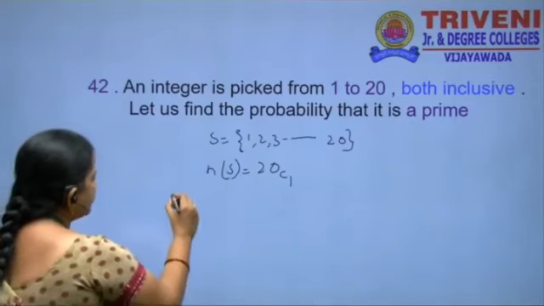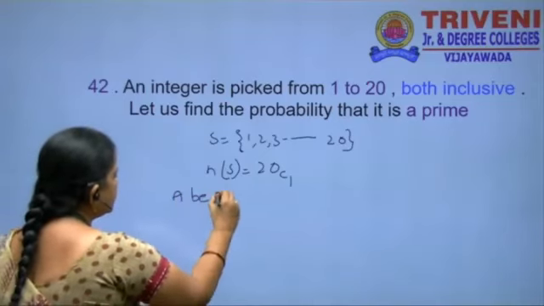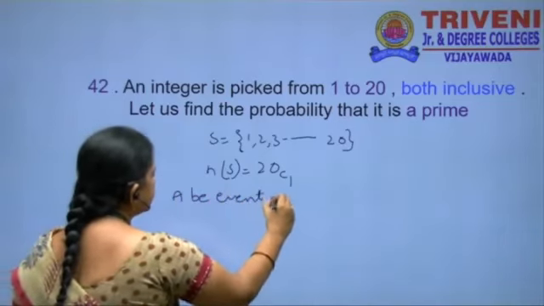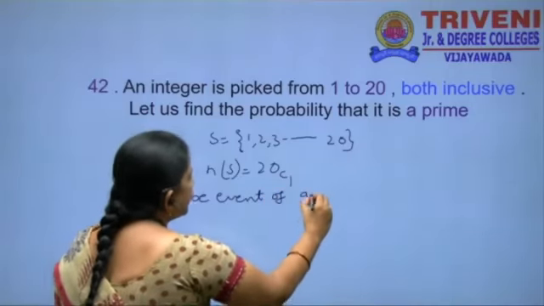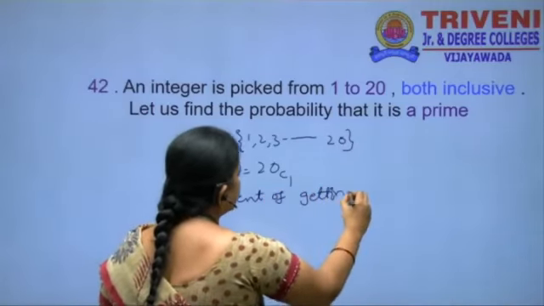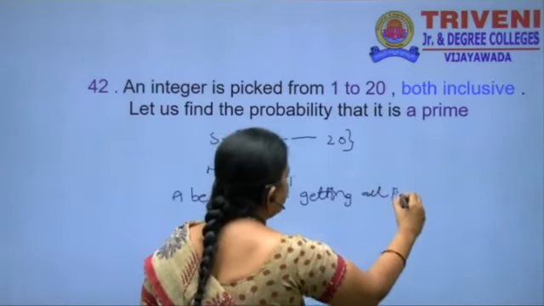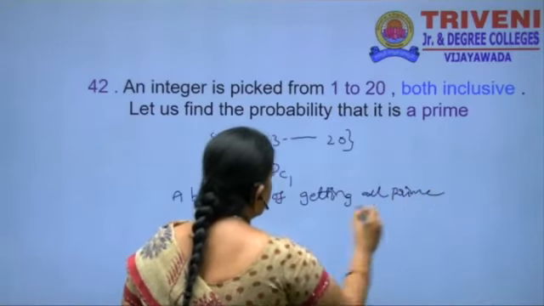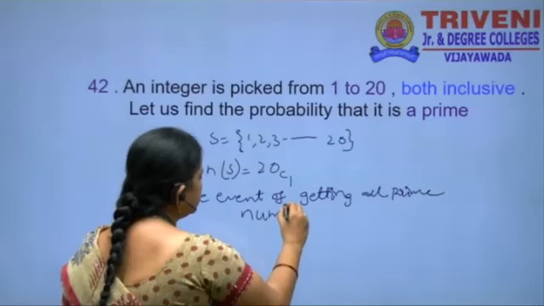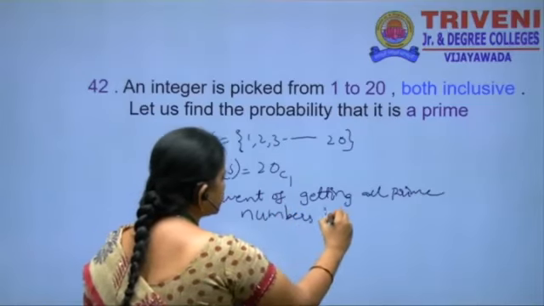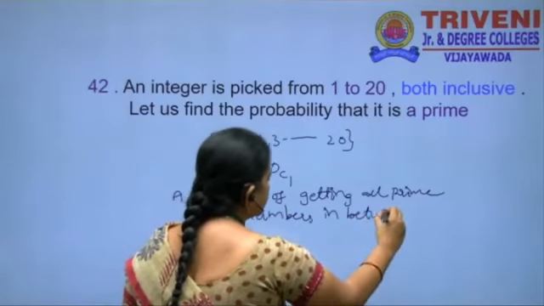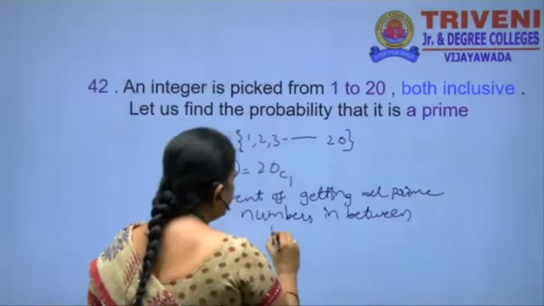Let A be the event of getting all prime numbers in between 1 to 20.